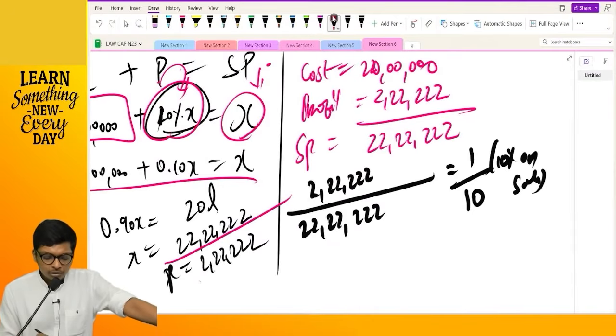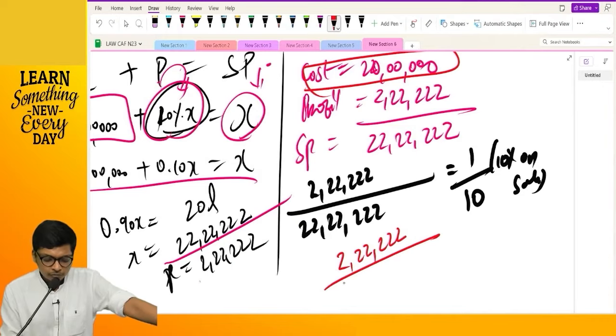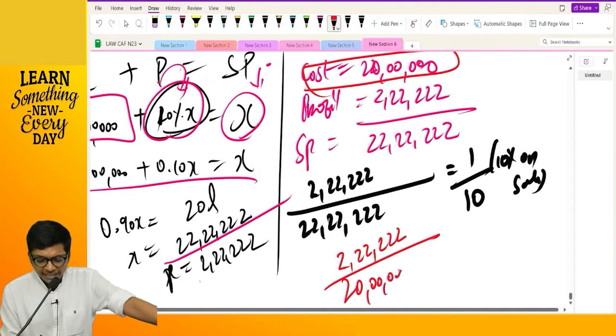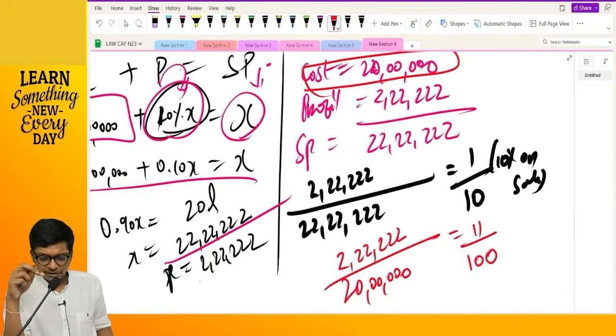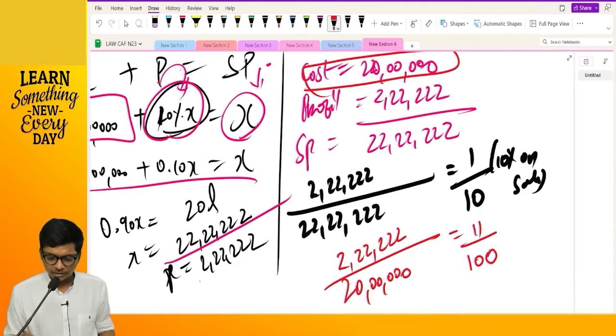Now you divide 2,22,222 by the cost of 20 lakhs. How much are you getting? 2,22,222 by 20,00,000, which in other words is 1 by 9.